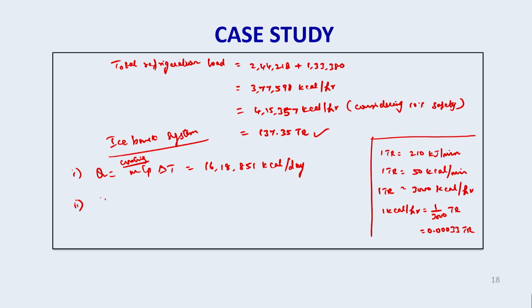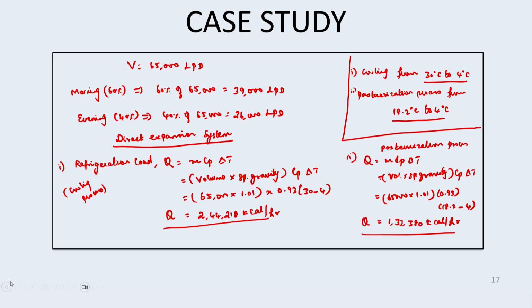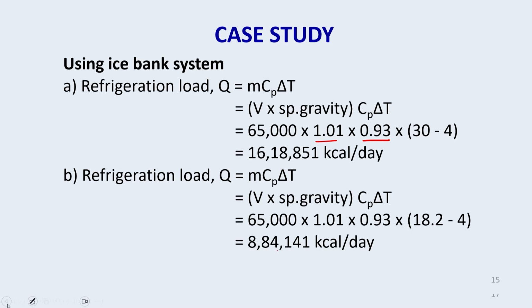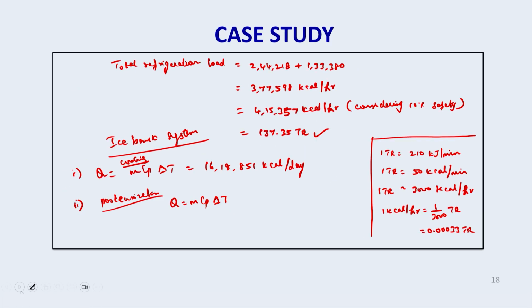For the pasteurizing process, again we have to calculate mCp delta T. Here delta T is 30 minus 4 for the first case, and 18.2 minus 4 for the second case. When we calculate, we get 884,141 kilocalories per day.